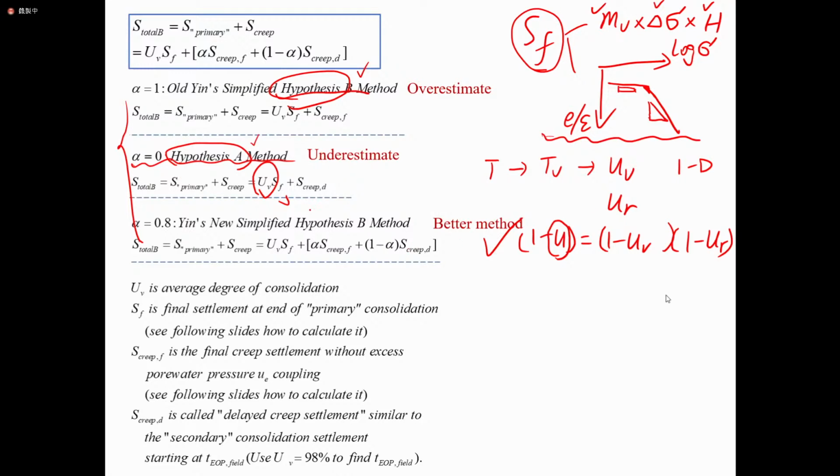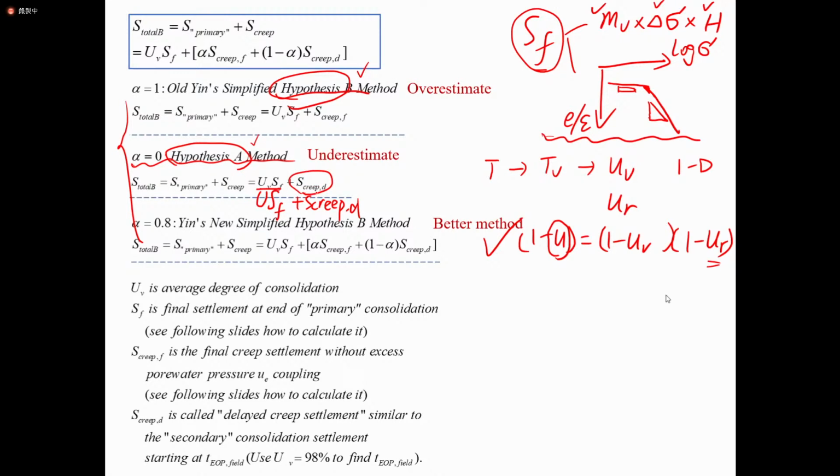Then to calculate this UV. So if we have vertical drain installed, actually, we should not have this V, because this V means vertical, right? If we have the UR value here, this UV should be replaced by U, okay? U multiplied by SF plus S script D, okay? So this is the first item for the hypothesis A method.